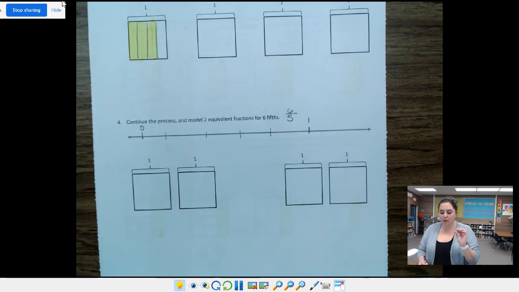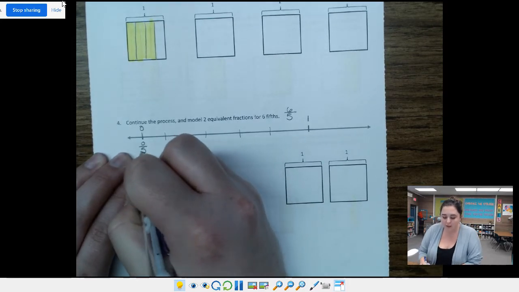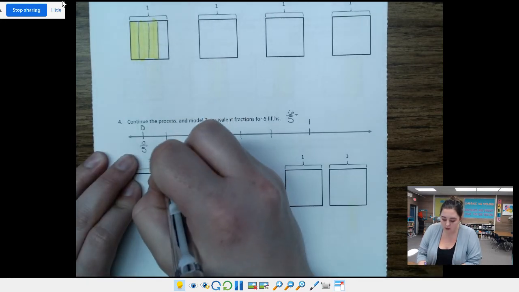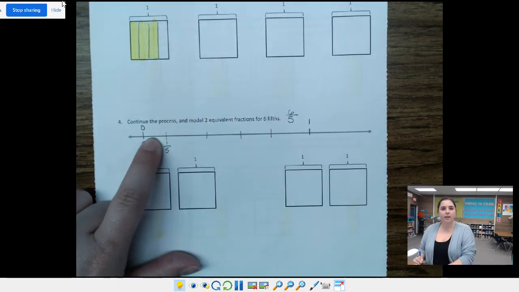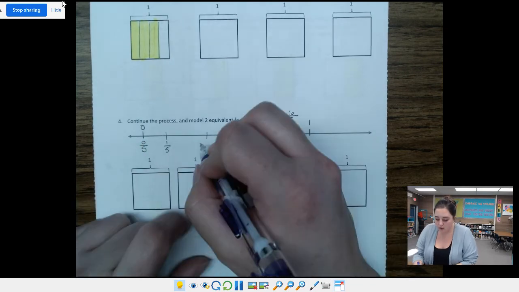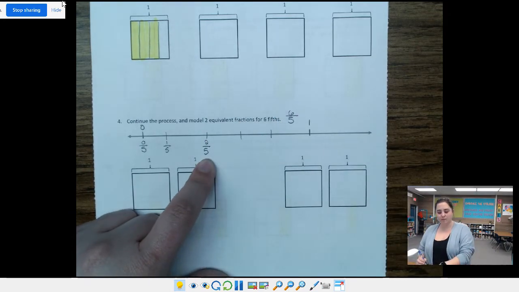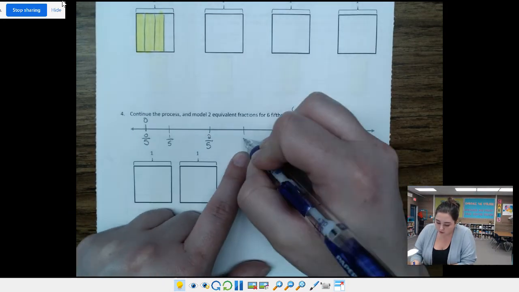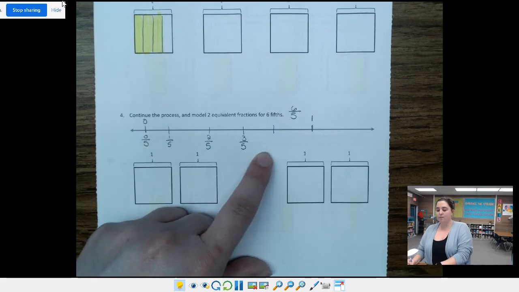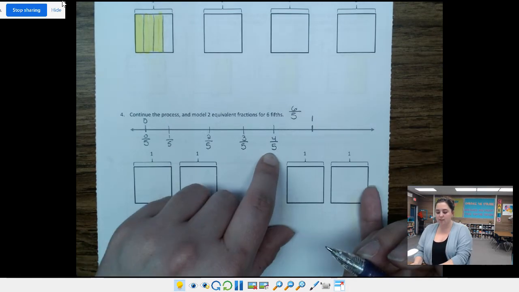So if I was to mark that, remember if we're driving, I've driven 0 out of 5 pieces. Driving, now I've driven this 1 out of 5 pieces. Keep driving. 2 out of 5 pieces. 3 out of 5 pieces. 4 out of 5 pieces.